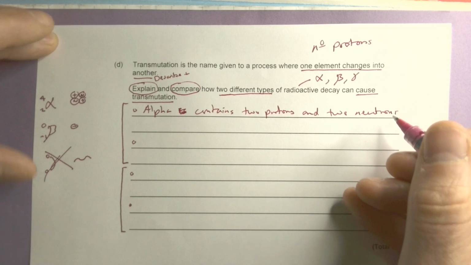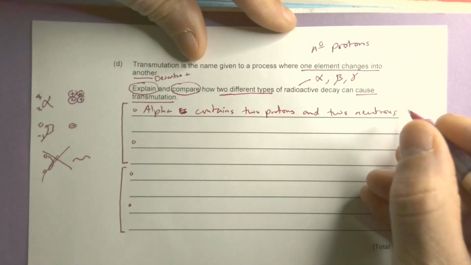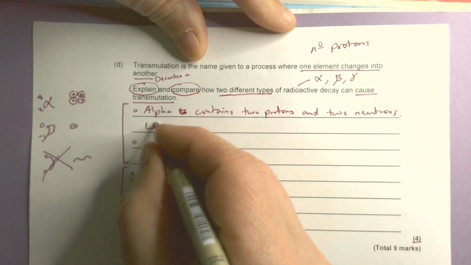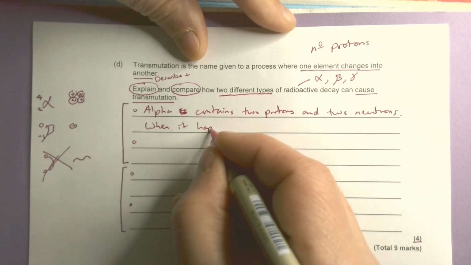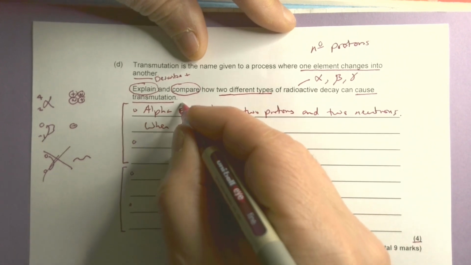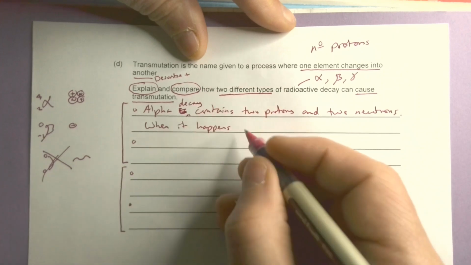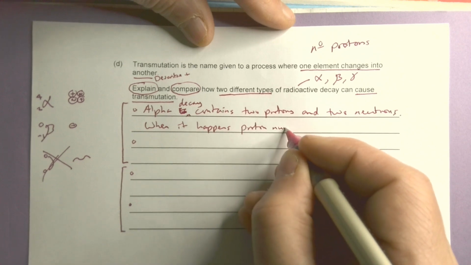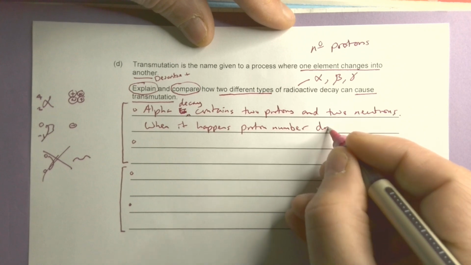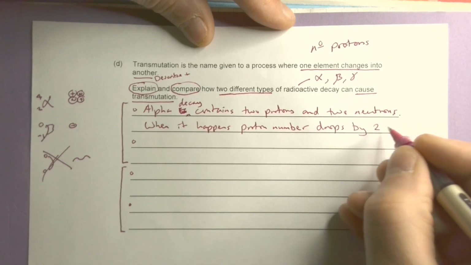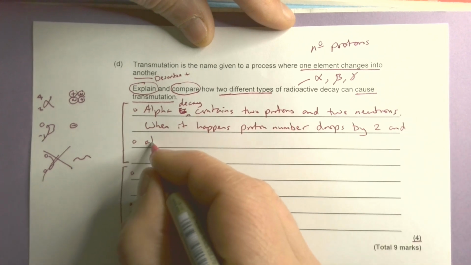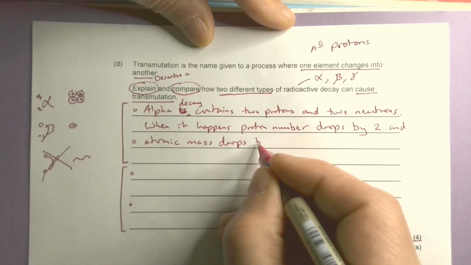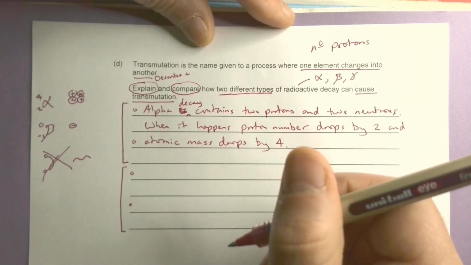Okay, so when alpha decay happens, proton number drops by 2 and atomic mass drops by 4.